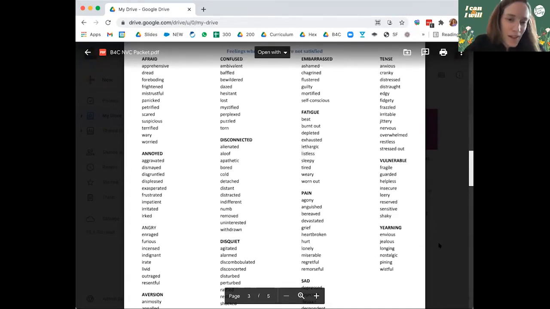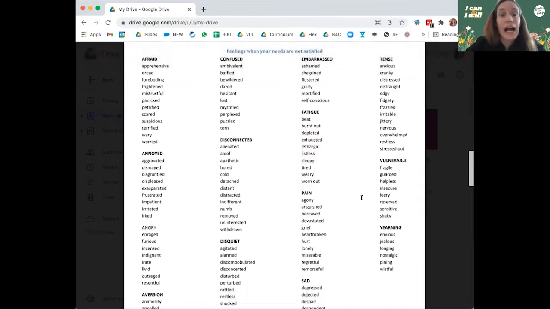Now with the younger ones, I wouldn't have them choose 3 words because they might only know like 5 to 10 feeling words, depending on how old they are, or 20 if they're getting to the older ages of elementary, middle. So I would recommend just having them say, I feel, and then 1 word or 2 words.